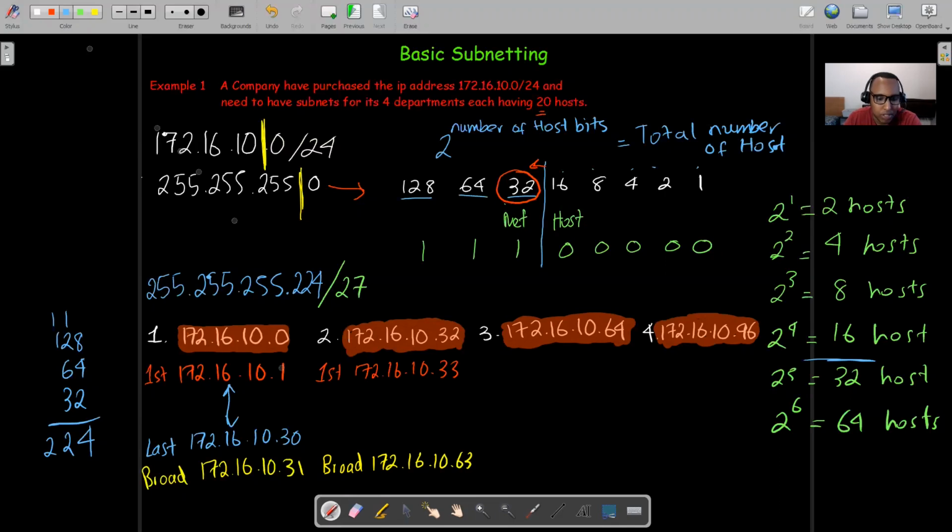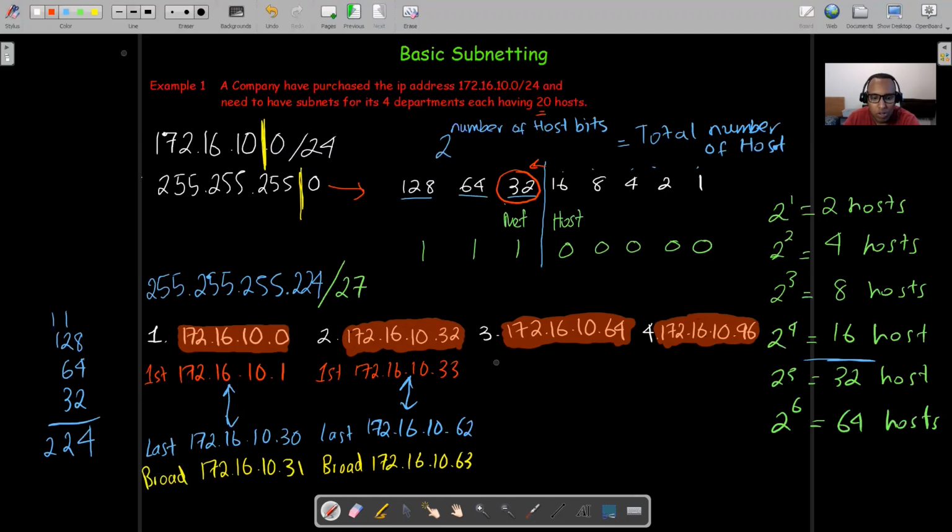Our last IP address will be 1 minus our broadcast address, which is 172.16.10.62. And everything between here will be used for our hosts, part of this subnet.